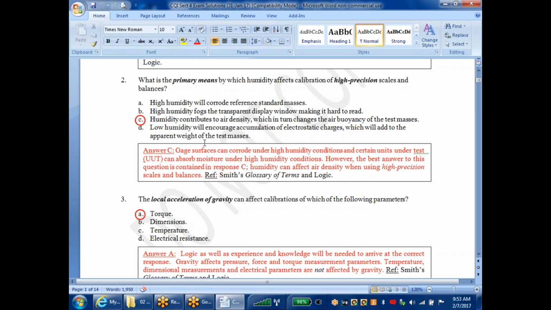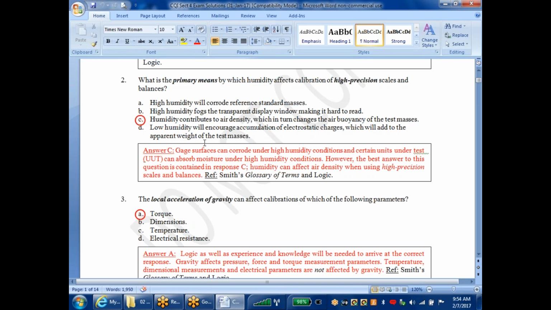But what is the primary means by which humidity affects calibration of high precision, not just scales and balances, but high precision equipment? Certainly when we look at A, B, and D, these are intended to be distractors. A, high humidity will corrode reference standards.